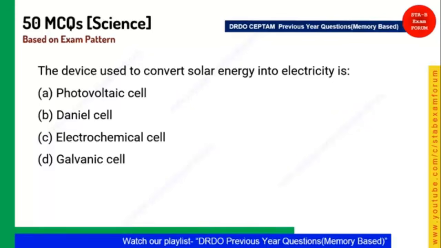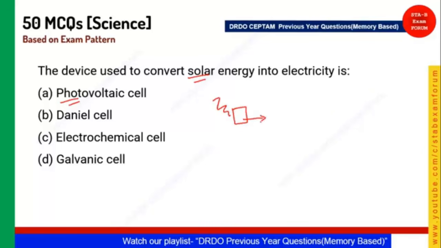As it converts solar energy into electricity, the term solar is also known as photo, photon. So a photovoltaic cell, when sunlight falls on it, converts it into electrical energy. For this question, option A is the correct answer.